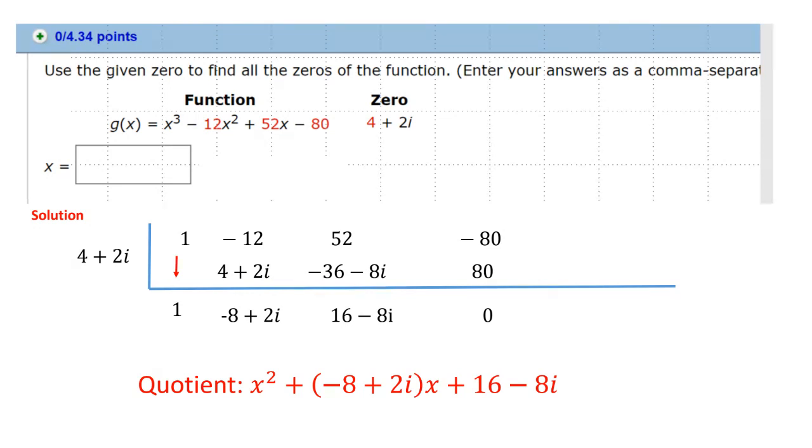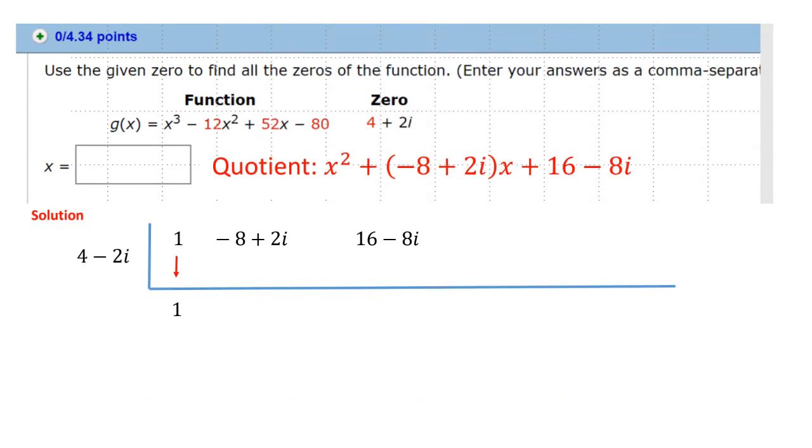So I can reduce this function. I started with a cube, so this is x squared plus negative 8 plus 2i x plus 16 minus 8i. Okay. Now I can do it again. I want to simplify this even further to get it into something that I can factor or simplify.